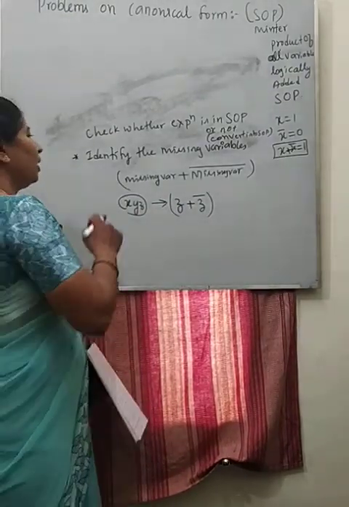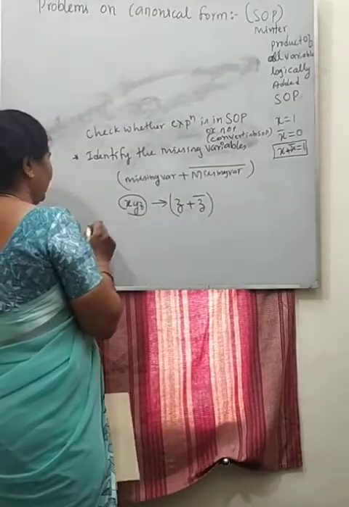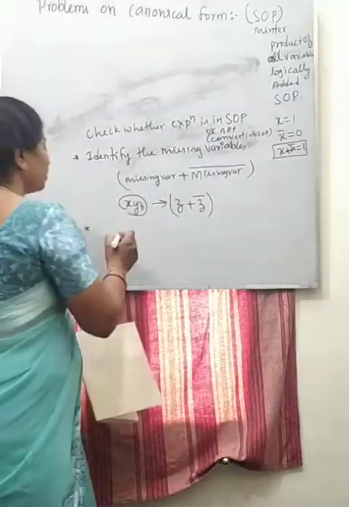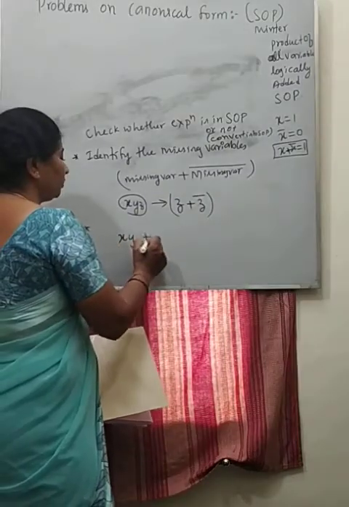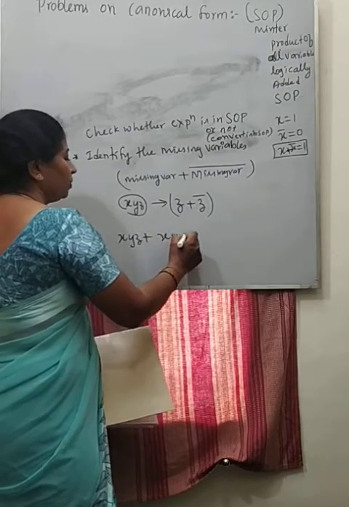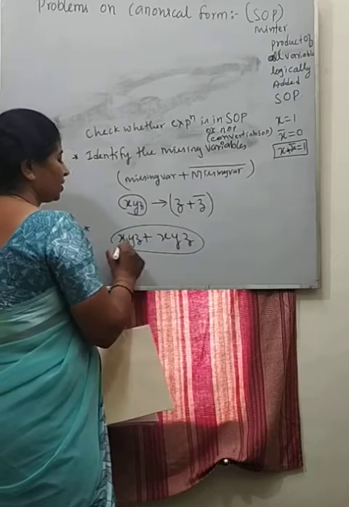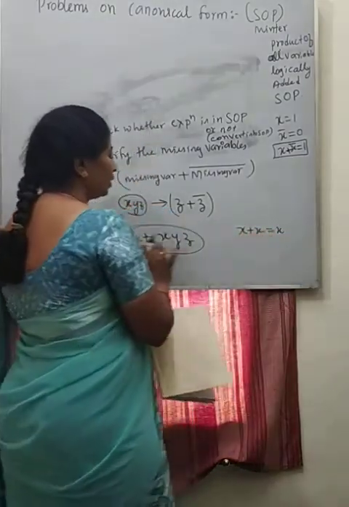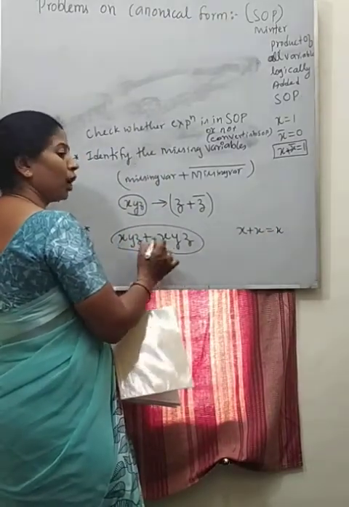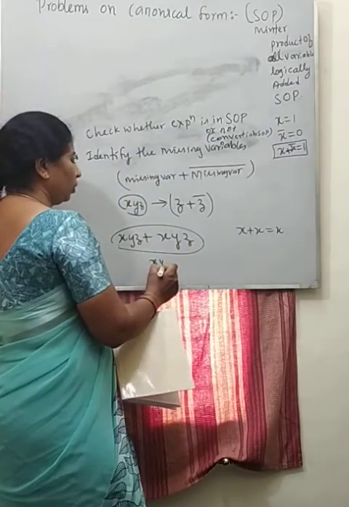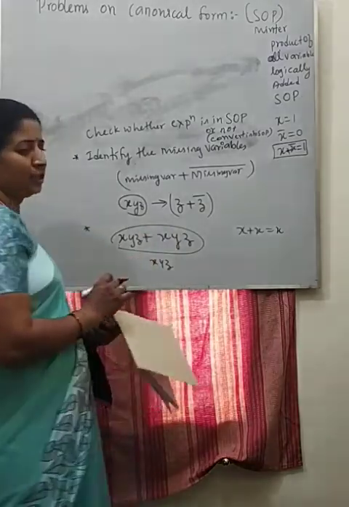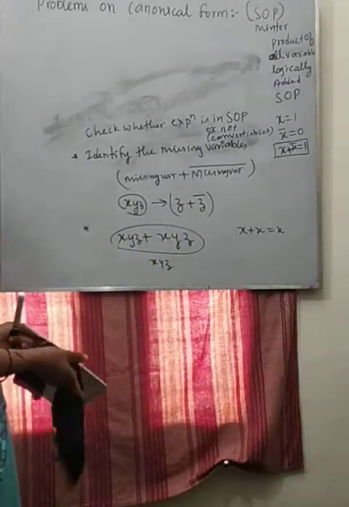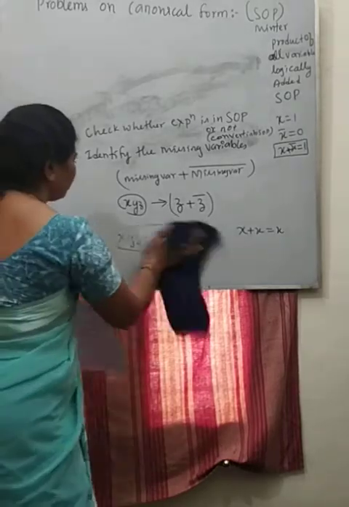Once you have identified and included them, then add all the terms together. And if you have two identical terms in the expression, x plus x can be written as x. That means remove the duplicate terms. If you have two identical terms, write only once, not twice. These are the steps you need to follow while solving the canonical problems.